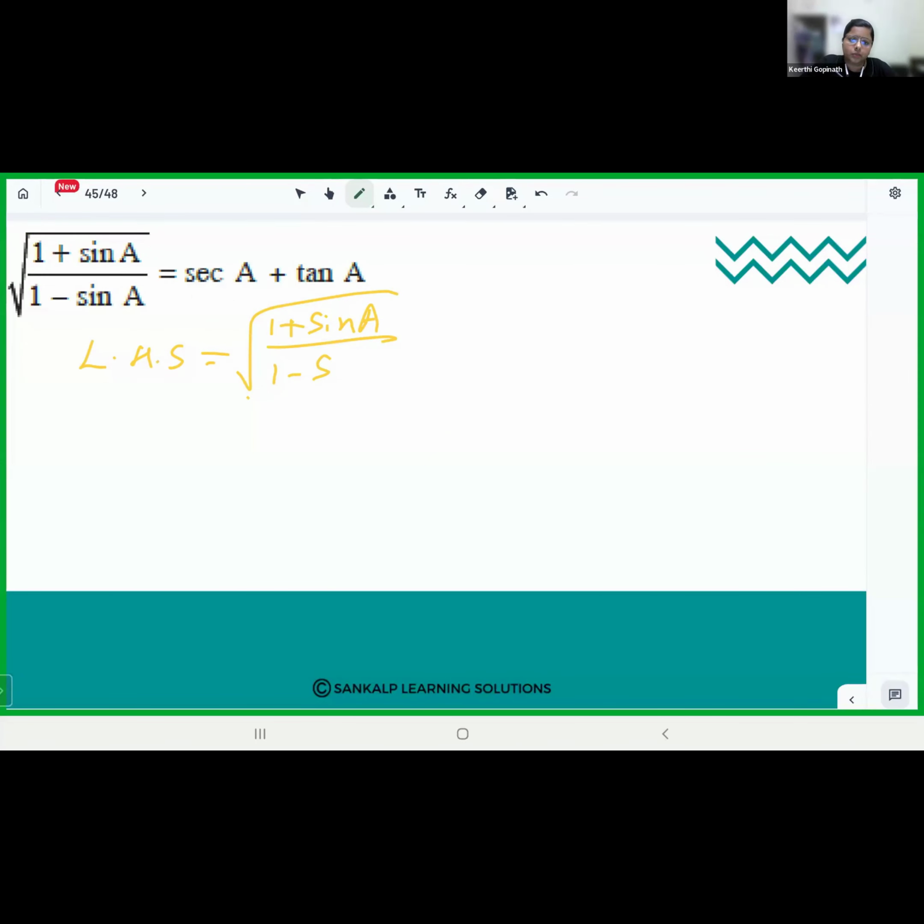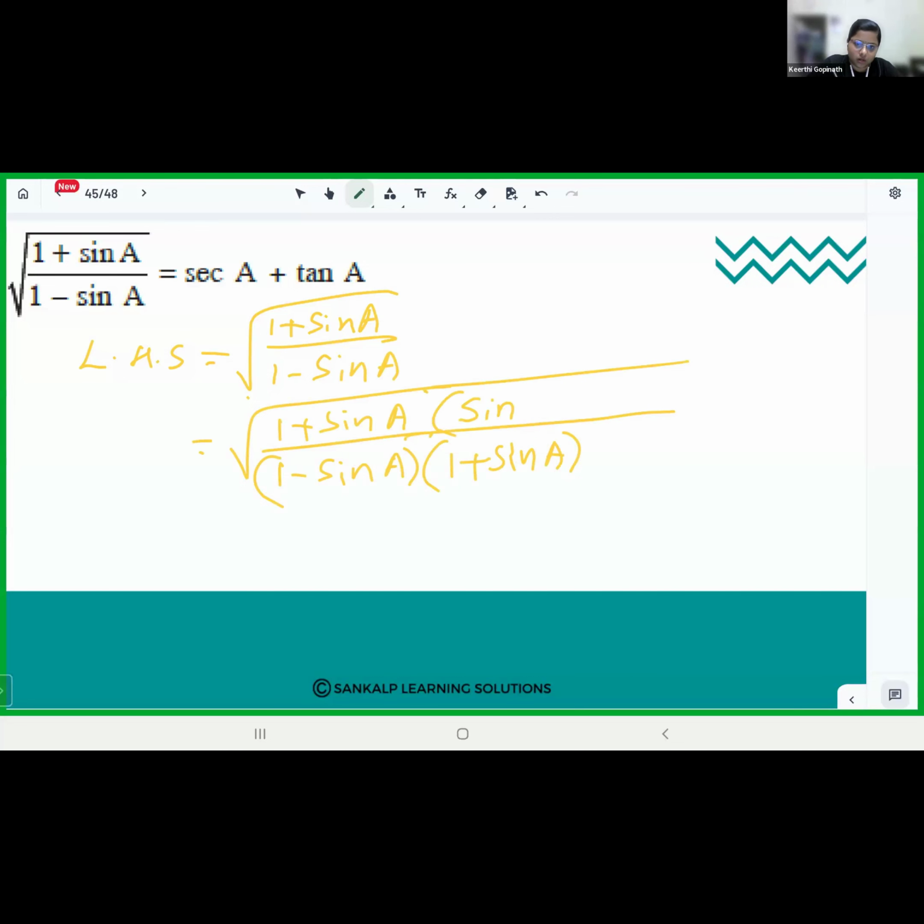Here, what I'm going to do is multiply by the denominator's conjugate. What is the conjugate of 1 minus sin A? It is 1 plus sin A, right? 1 plus sin A. So you have to multiply the same value in the numerator also.